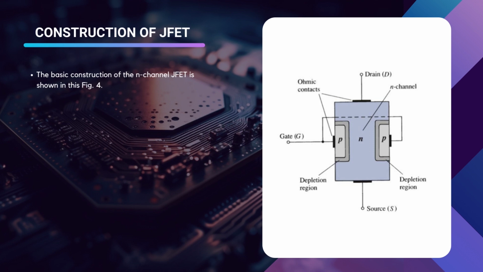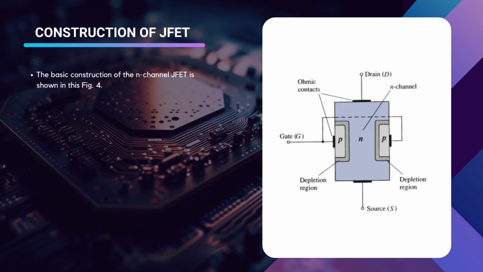So, there are two p-type materials and one n-type material, and the connection D represents the drain terminal and the connection S represents the source terminal, and the p-type connections are connected to each other forming the gate terminal.